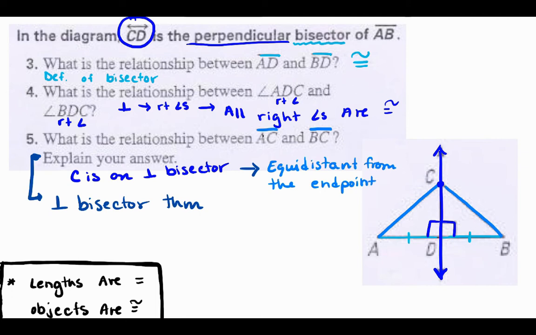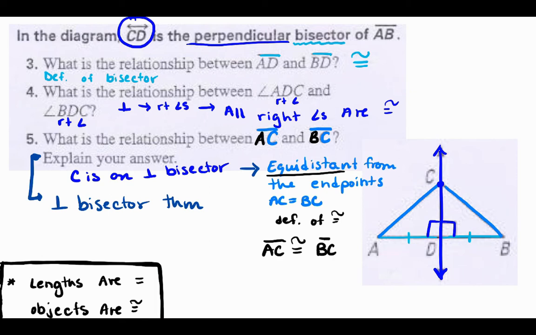So C is our point on the bisector, and A and B are the endpoints. So we are equidistant. This is going to make AC equal to BC, and then we have to use the definition of congruent to get that the segment AC is congruent to the segment BC.